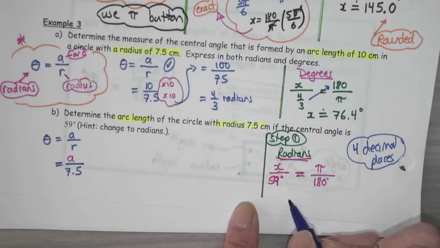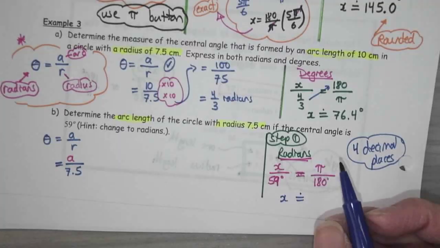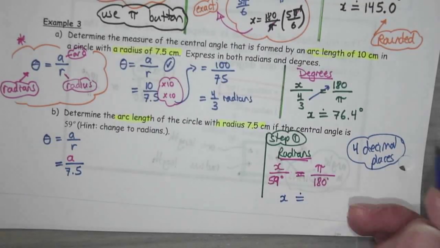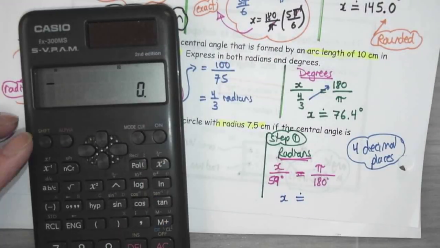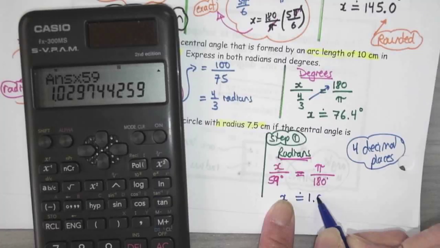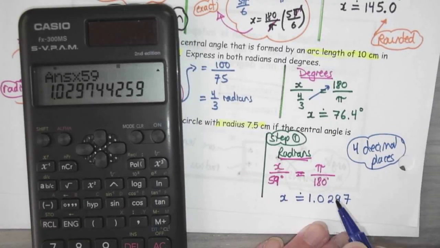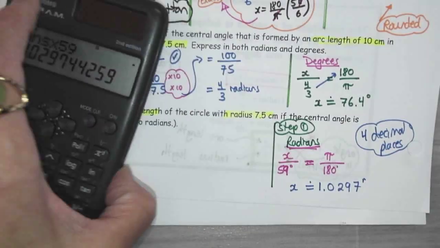Right? So we're going to bring this up and do x is going to be approximately, I got, what'd you get? So we're going pi divided by 180 times 59. I'm going to do 1.0297. Let's keep 4. Okay, let's keep 4. That's my radians.